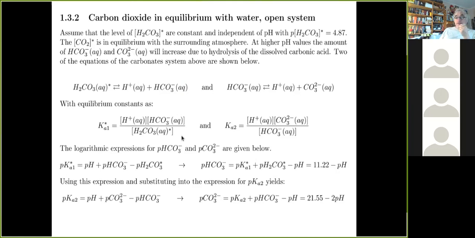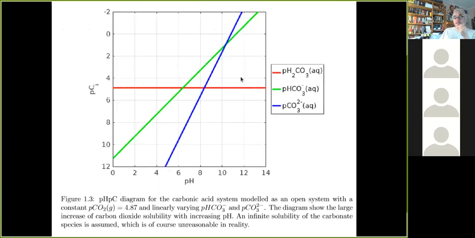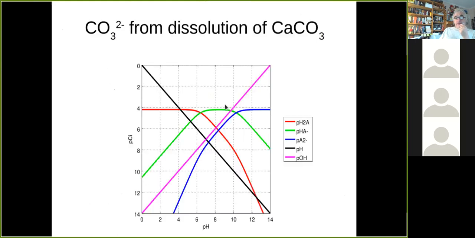This diagram is a bit non-realistic in the sense that carbon dioxide levels can't be maintained at this level at high pH. This is a better representation of a real system, that carbon dioxide has a constant level up to first pKa, and then it decreases.